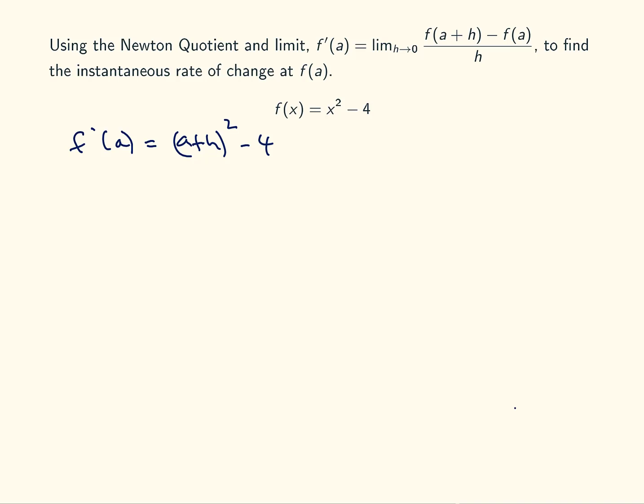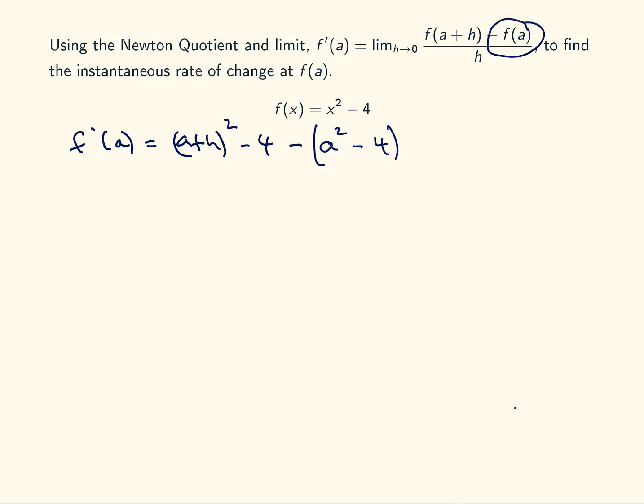That's this part of the expression right here. Now let's do this part here. We're going to have minus, remember, replacing each x with an a, a squared minus 4.